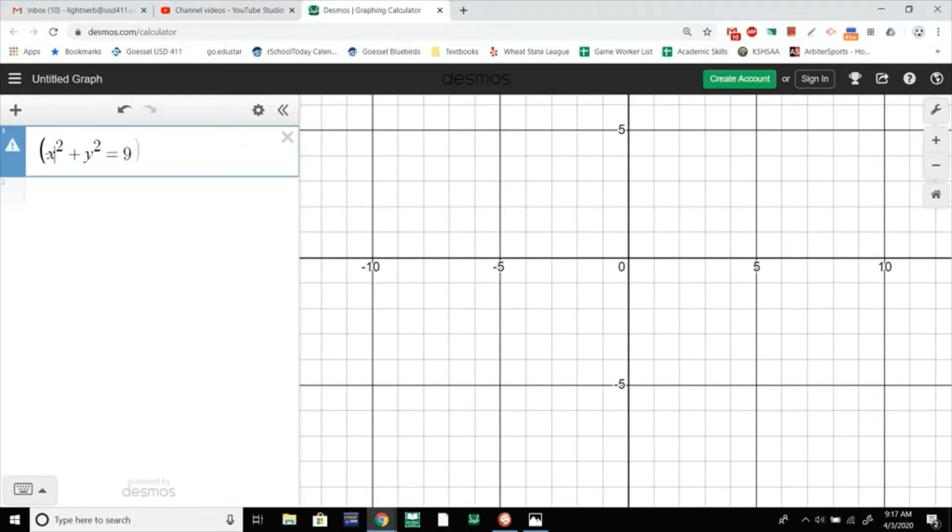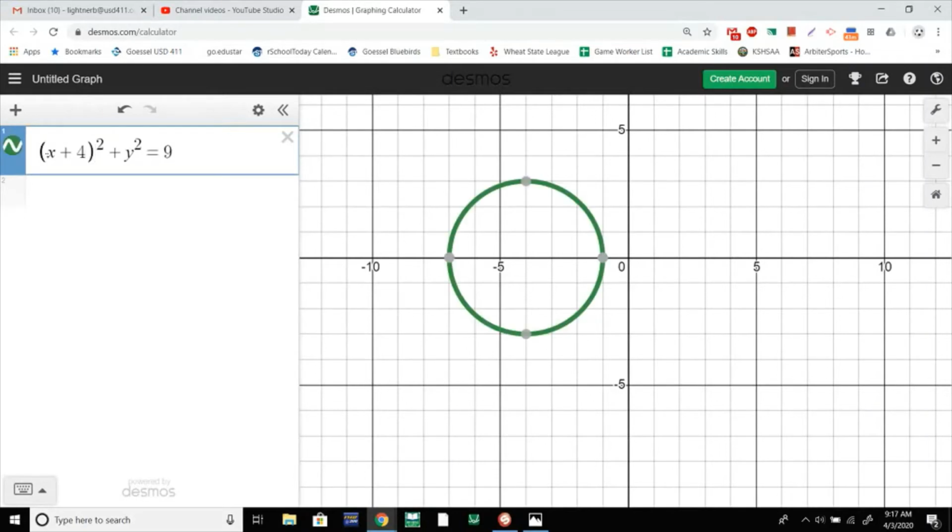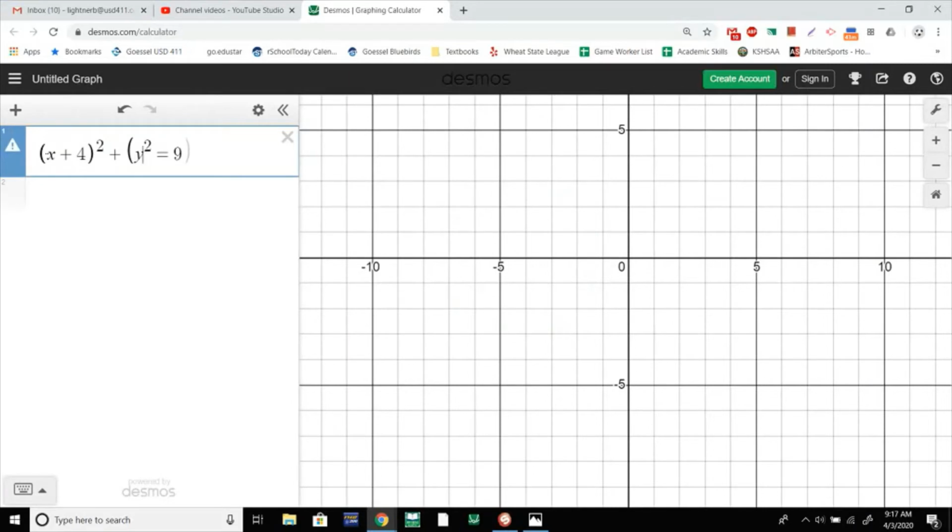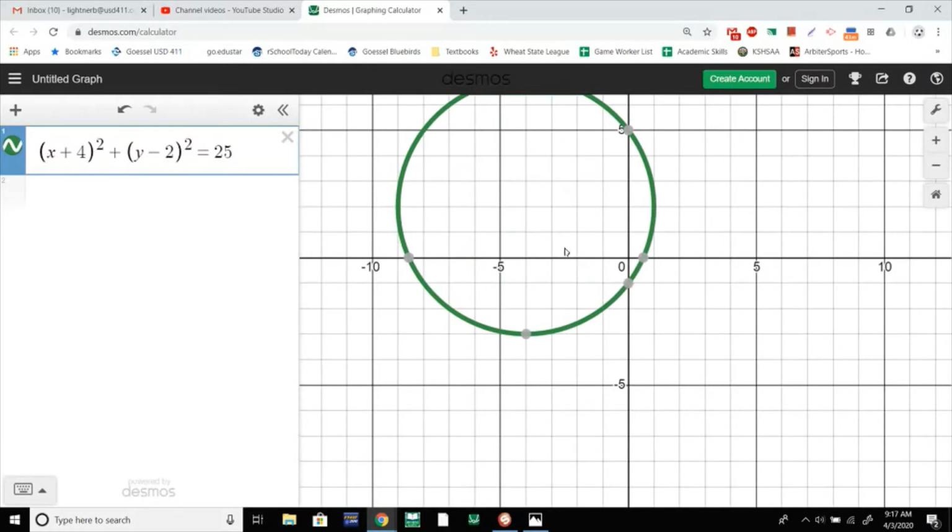X plus 4 squared plus y minus 2 squared equals 25. Okay, so the center looks to be right there at negative 4, 2, and the radius is 5. So Desmos does a wonderful job of graphing those.